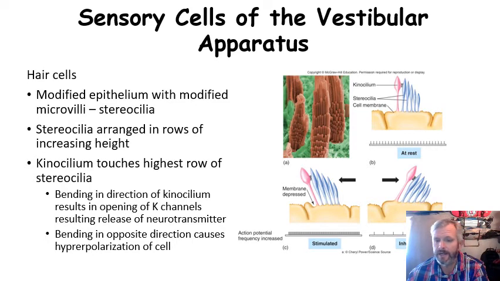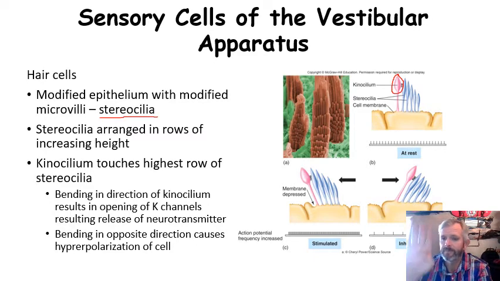They are modified epithelial cells, and they have these stereocilia along with this longer, bigger kinocilium here. You can see the kinocilium is tethered with these stereocilia. These are the cells, and basically they're going to be moved depending on what direction is taken.